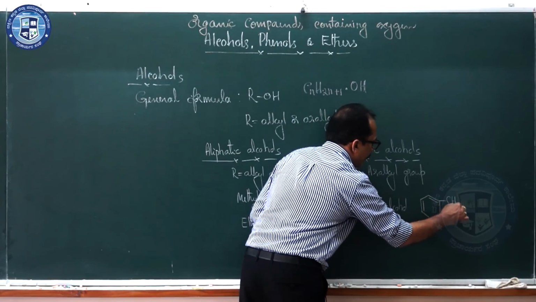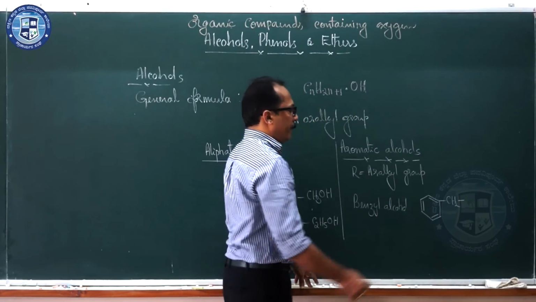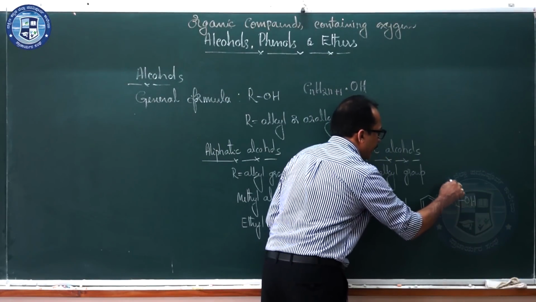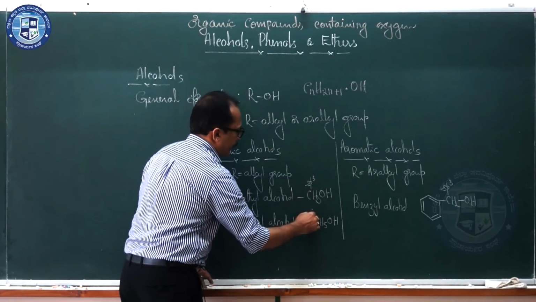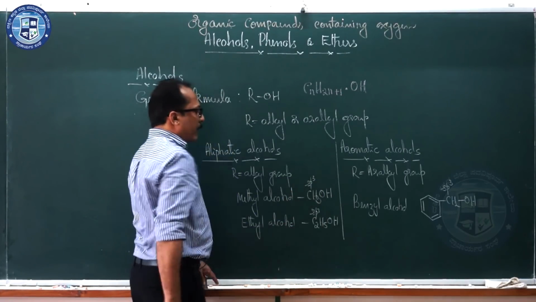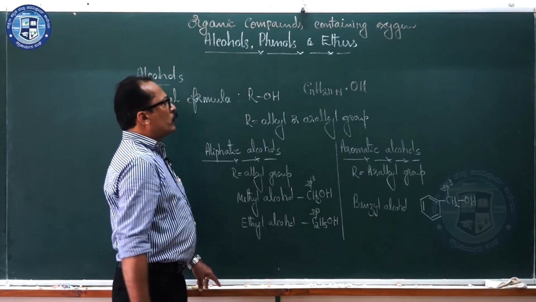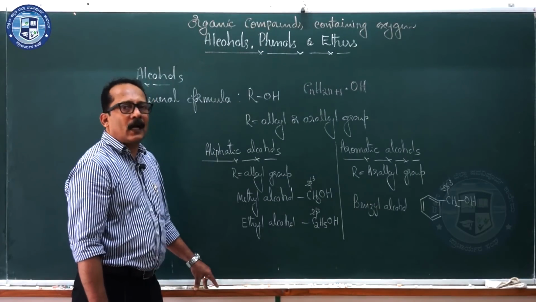This is an aryl group, and the OH group is attached to an sp3 hybridized carbon atom. So these are the two major classes of alcohols: aliphatic alcohols and aromatic alcohols.